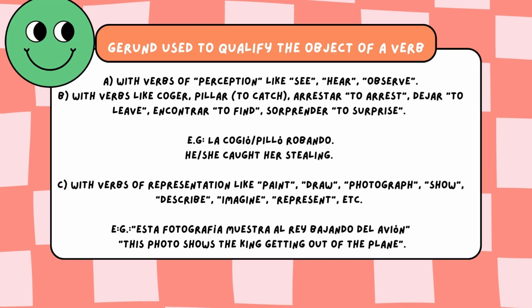Like the English -ing form, the Spanish gerund can also indicate an action performed by the direct object of certain kinds of verbs.